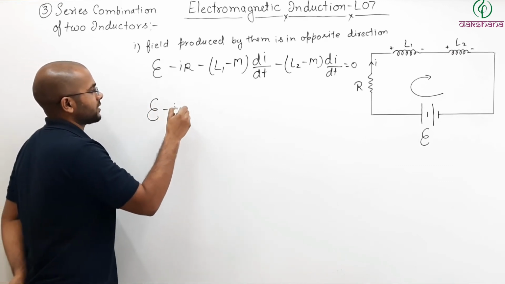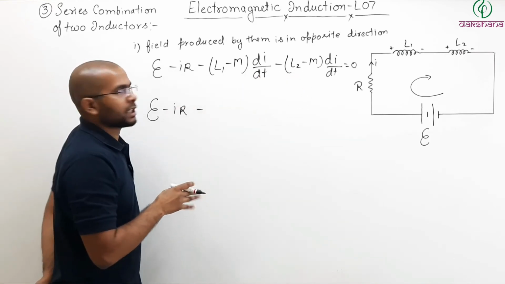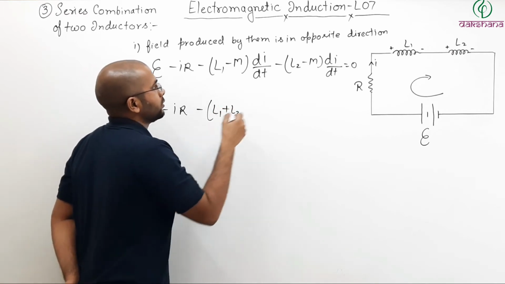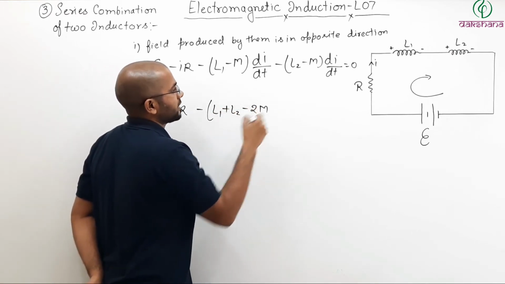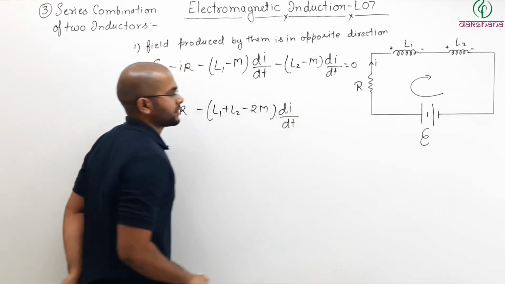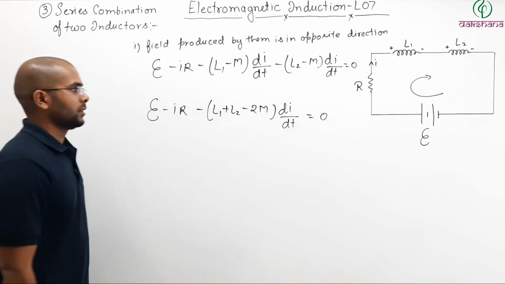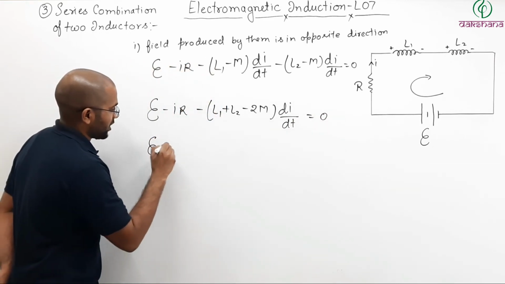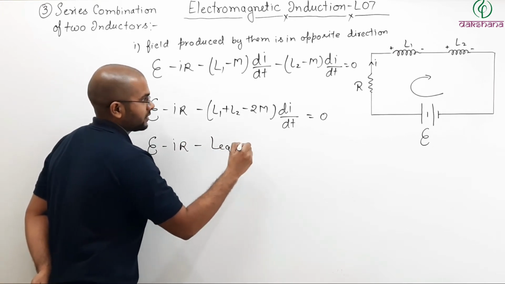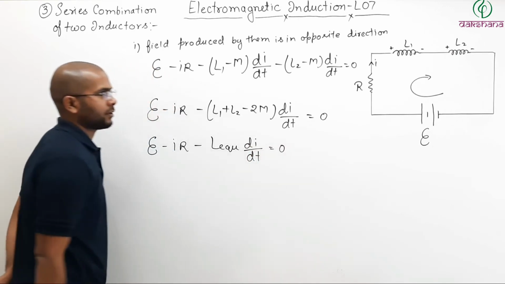So EMF minus IR minus, take di by dt common, what you will get? Minus of (L1 plus L2 minus twice M) di by dt, like this. So if this equals 0, this can also be written as EMF minus IR minus L equivalent di by dt equals 0.